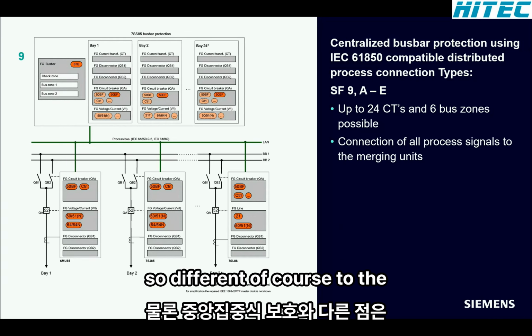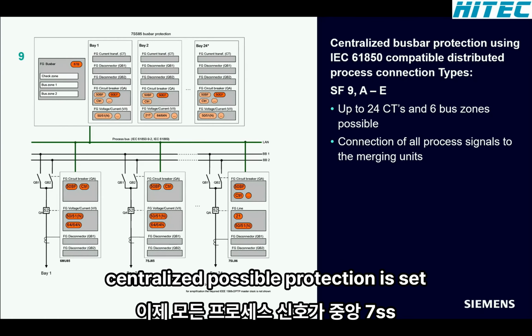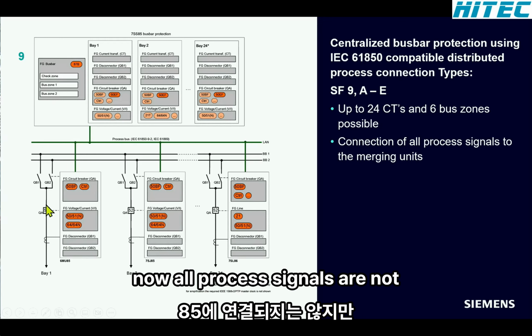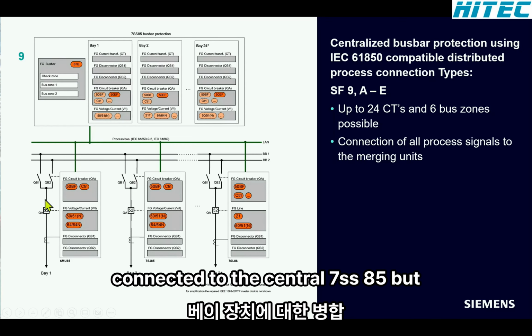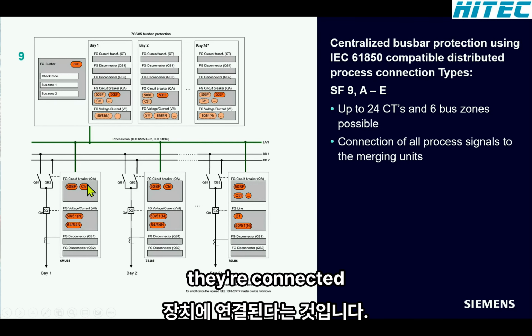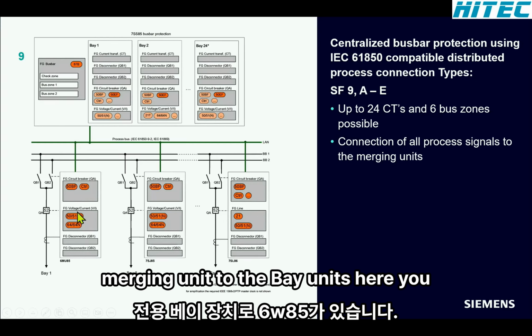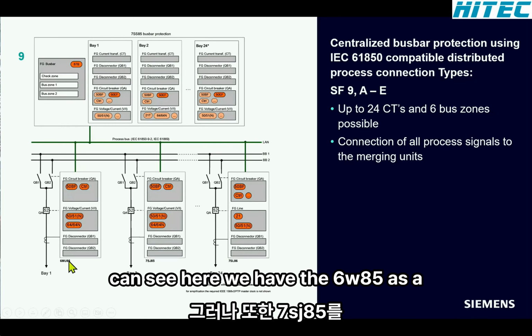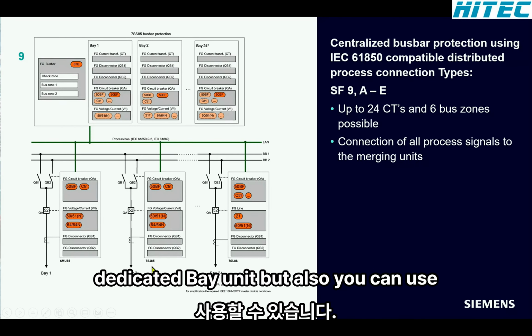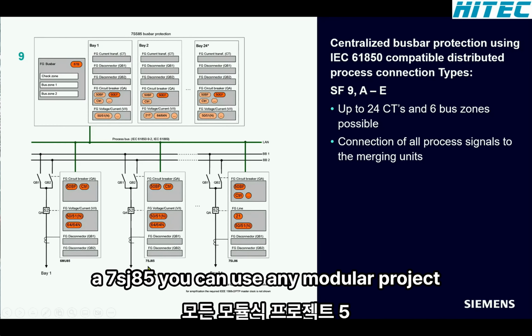The difference to the centralized busbar protection, of course, is that now all process signals are not connected to the central 7SS85, but to the merging units, the bay units. Here you can see the 6MU85 as a dedicated bay unit, but you can also use a 7SJ85.